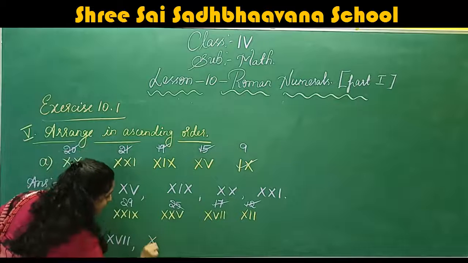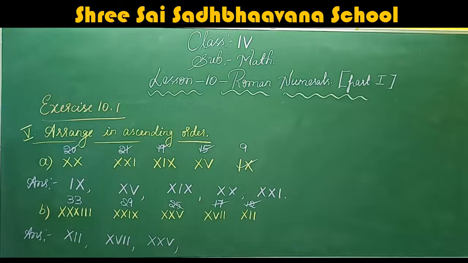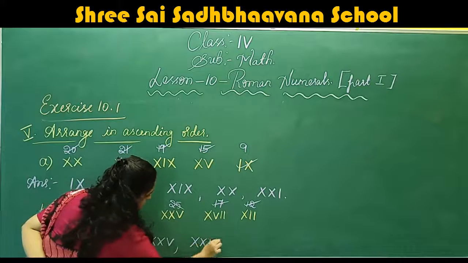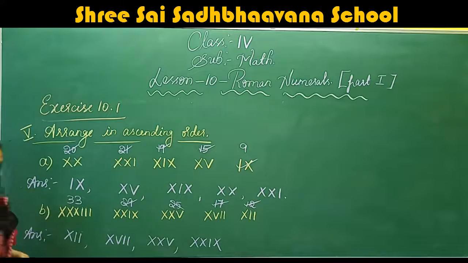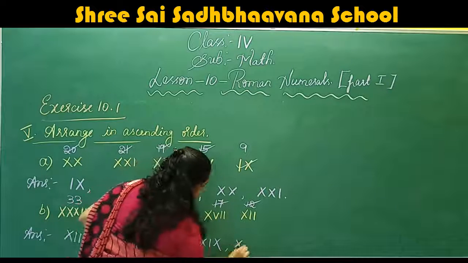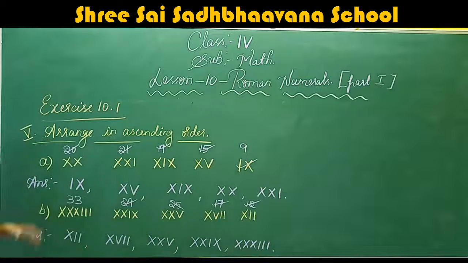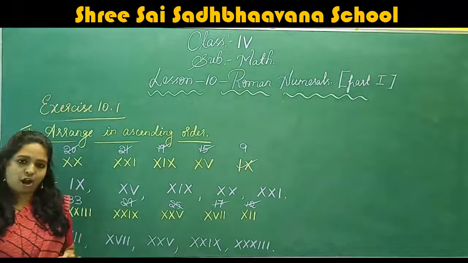So let me write 25. Okay? After that, which one I have to write among these two? 29. Okay? And finally, here remains 33. Yes. In this way, you have to arrange the given numbers in ascending order.